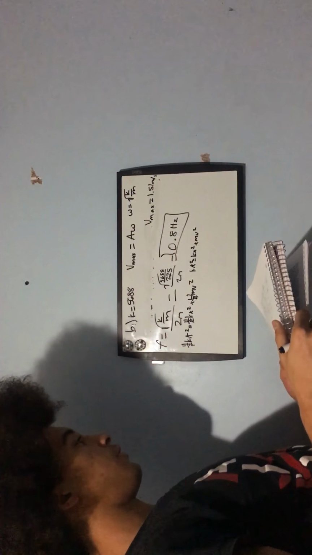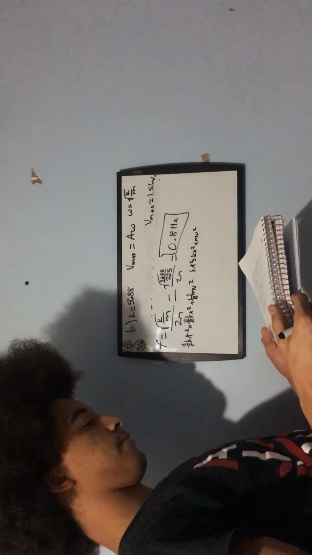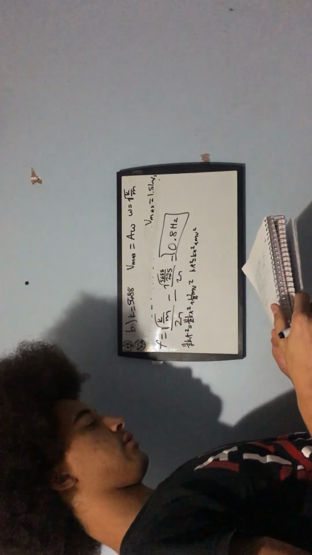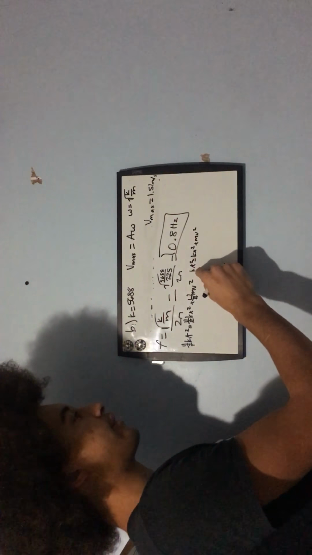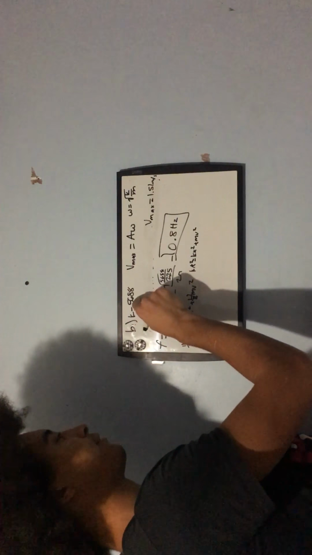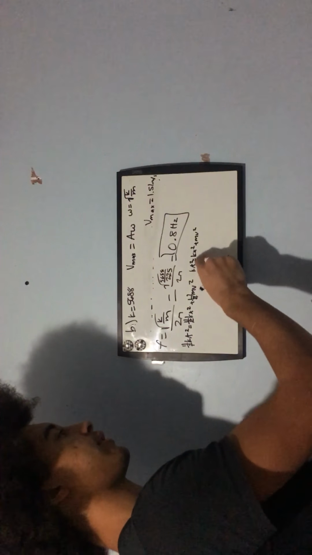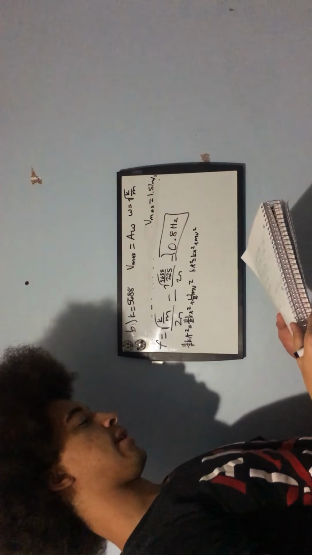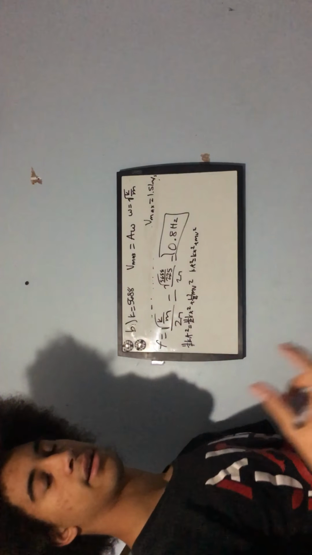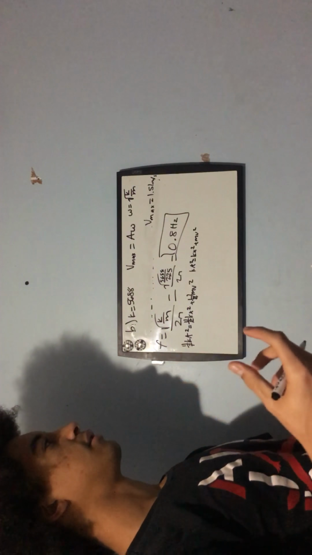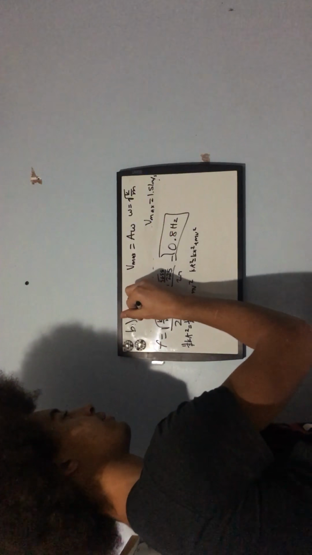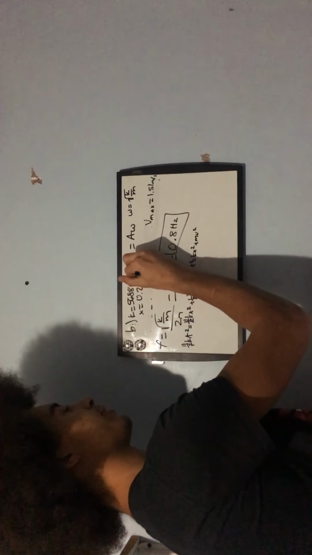And so we plug in the K's. We plug in K, which is 5688 to here. We plug in X, which is just the resting distance of the spring, which is 0.29 meters.